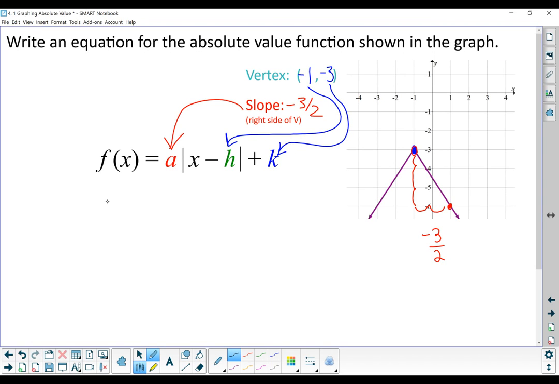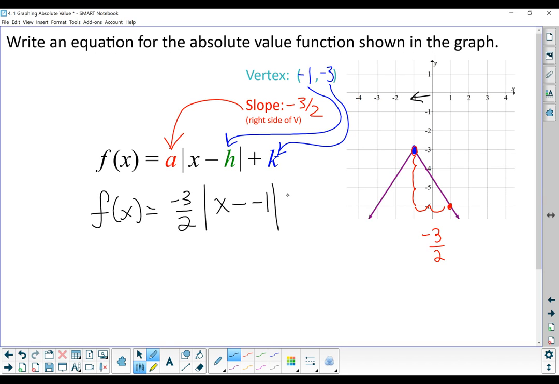So if we write that equation, first comes the slope, -3/2, our absolute value bar. Now this is a little weird, so sometimes people just think, okay, I changed the sign, so it's going to be an x plus 1, and that's great if you want to do it that way. It's x minus -1, and so that's another way to see why we have a sign change there, because when we moved it to the left, it was subtracting a -1, so it ends up being a +1.